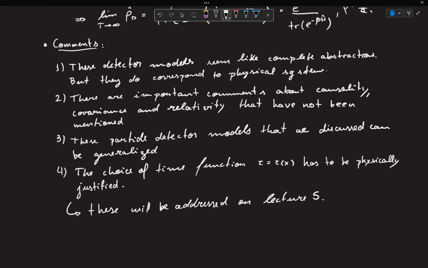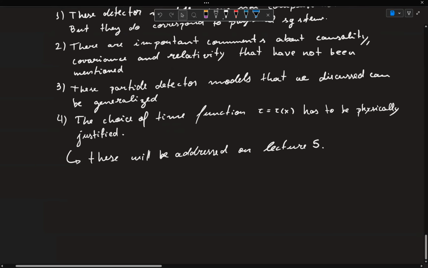These are all super fair questions that I do not want to get into right now. I will get into all of them together in lecture 5, when we're going to talk about how to obtain these particle detector models from actual atoms interacting with the electromagnetic field and things like this.